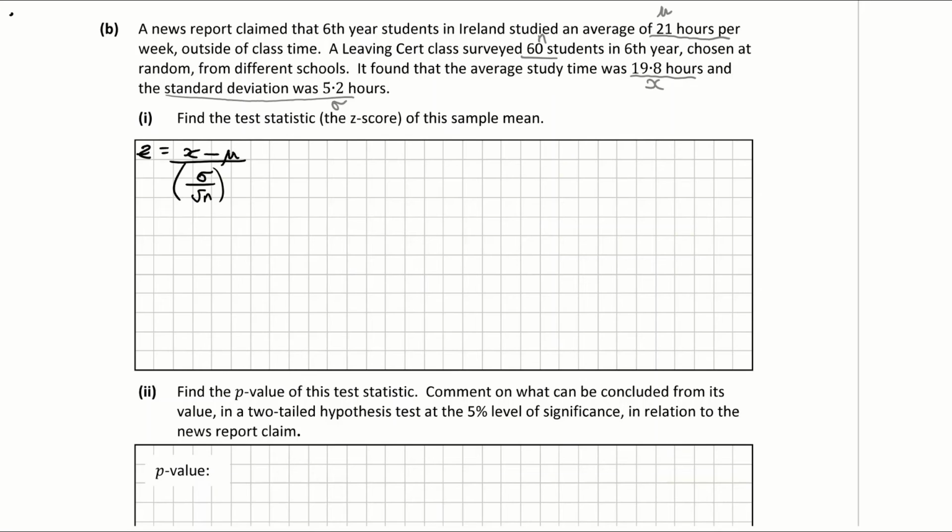Now I just have to fill it into my formula. So z is equal to x, which is 19.8, subtract 21, divided by 5.2 over the square root of 60, and that gives me a test statistic of minus 1.788. And that's B part 1, not too difficult hopefully.